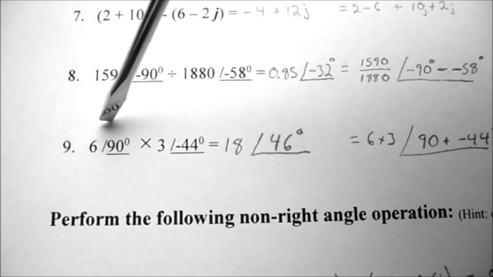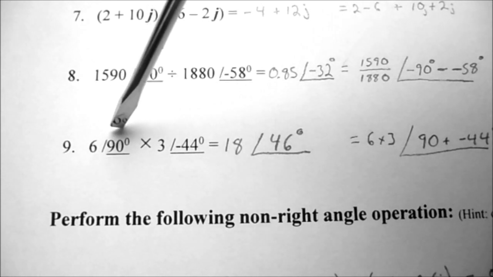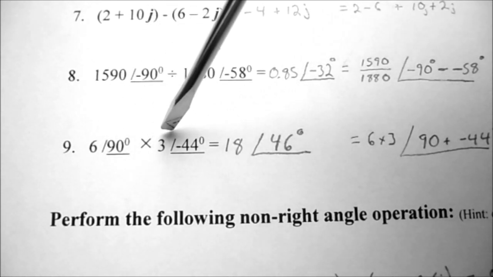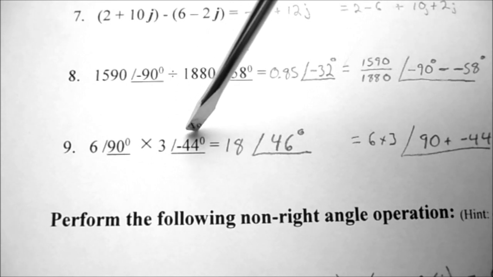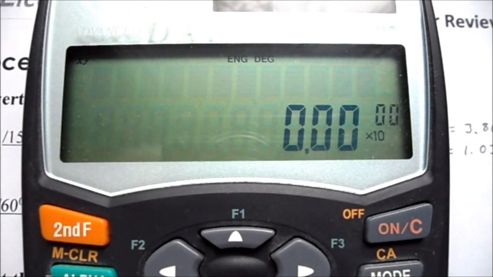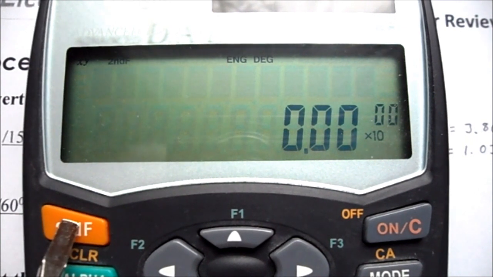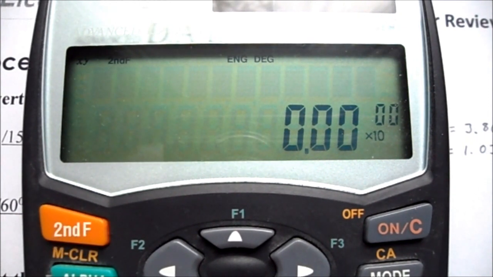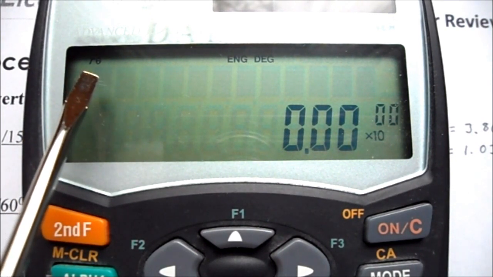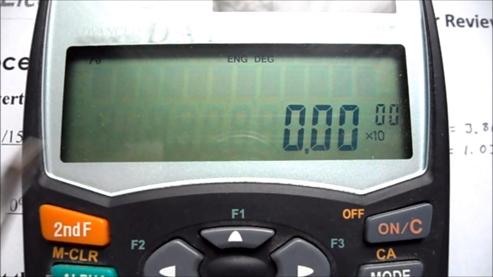So under Procedure, Step number 9, we've got 6 at an angle of 90 degrees times 3 at an angle of minus 44 degrees. So I need to change my calculator to the polar form, so I press second function, 8 key. So now you can see I've got an r theta in the top left-hand corner.